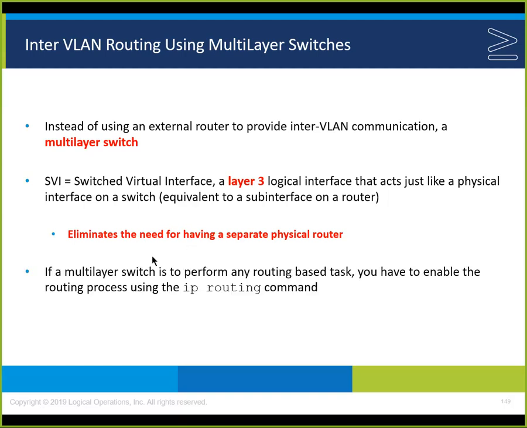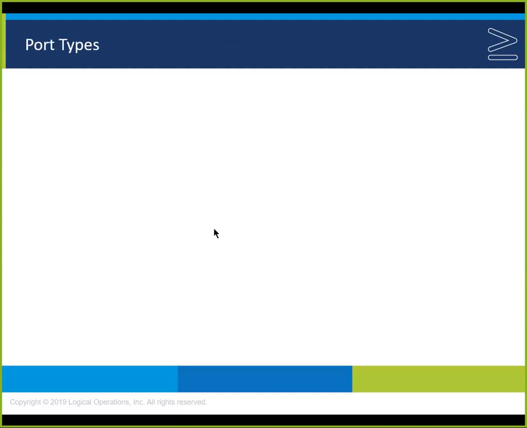If we've got layer 3 switches, we can do this. And a multi-layer switch, to perform it, we have to use the IP routing command in order for routing to take place. The switch virtual interfaces are created on layer 2 and layer 3 switches.